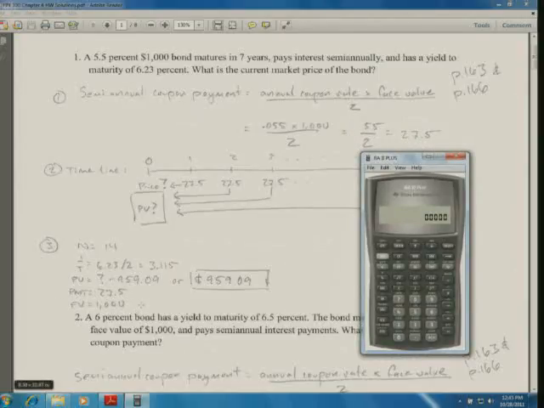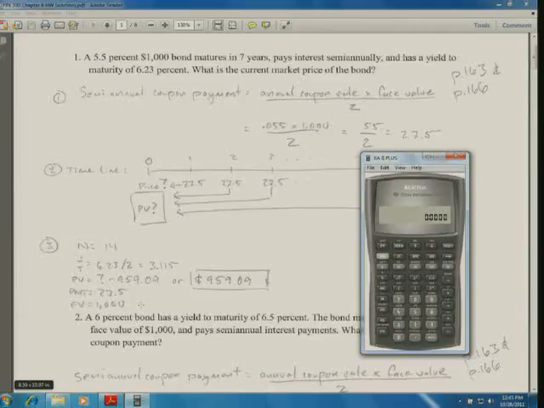And before I start plugging this into the calculator, another word of warning when we're using the time value keys. Up until now, there's been a problem or two where we had to be really careful about what we made a positive and what we made a negative when we were putting numbers into our time value keys in the calculator. With bonds, it's very, very important that we pick a perspective and stick with it.